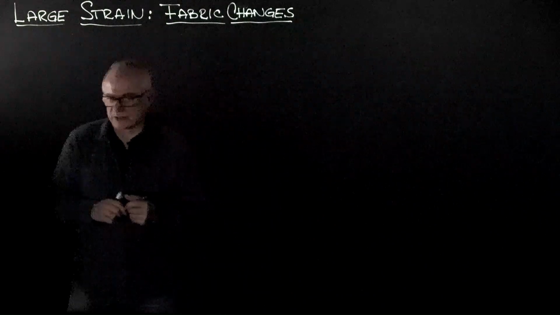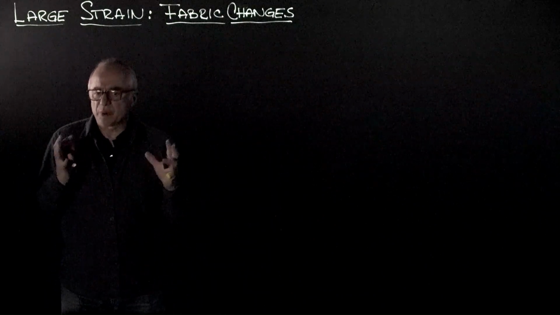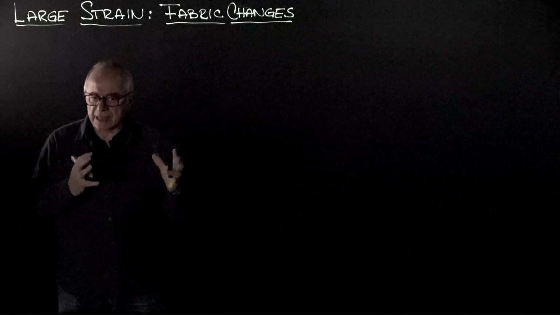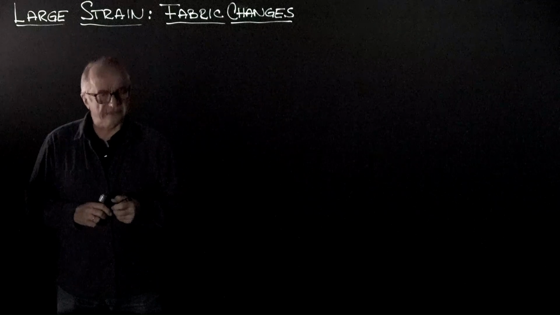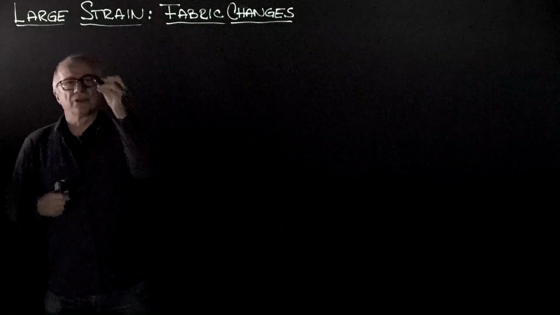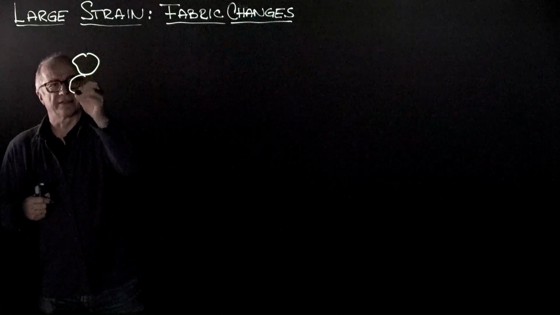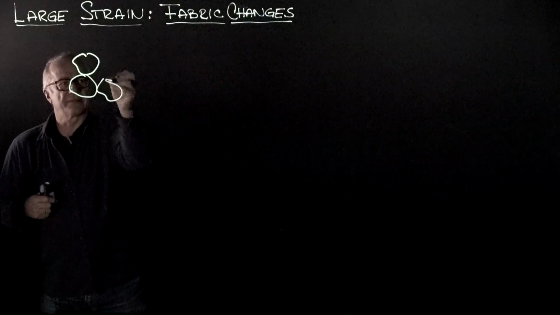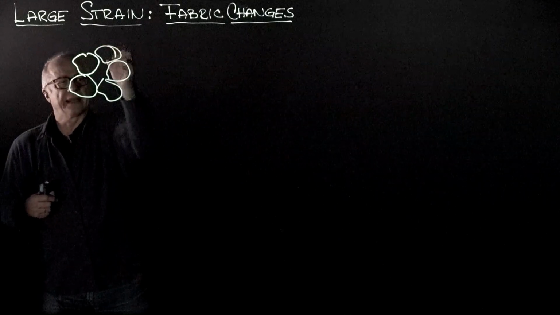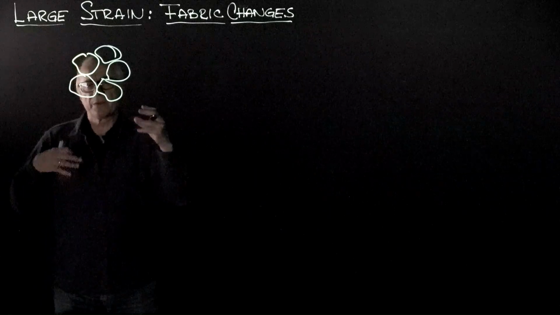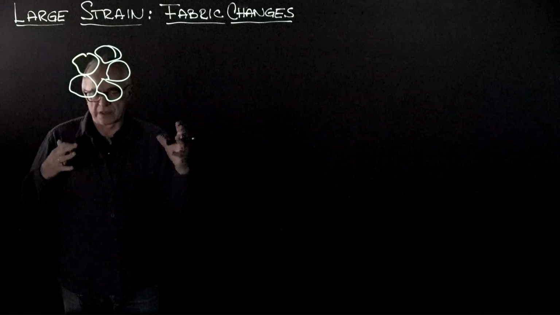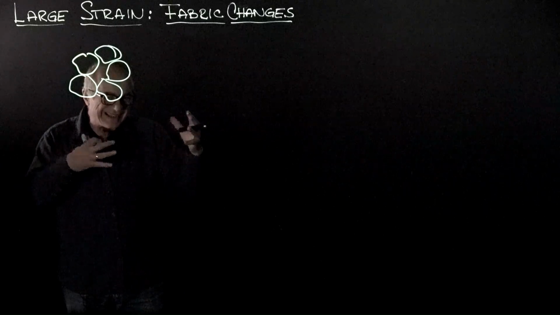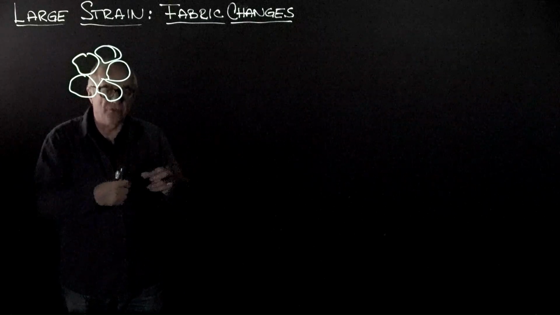Today's conversation is about how particles exchange neighbors and how the whole fabric evolves during deviatoric loading. So imagine several particles subjected to loading, and we would like to anticipate the relative motions and some statistical trends as they evolve towards failure.